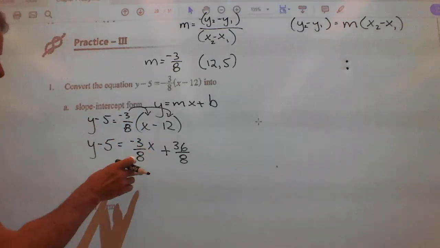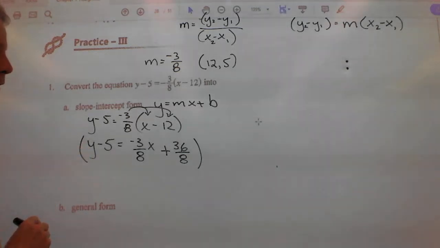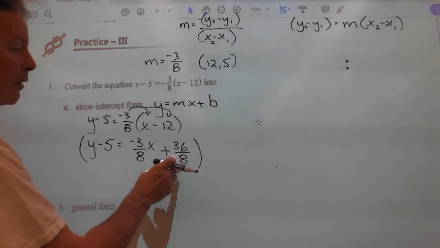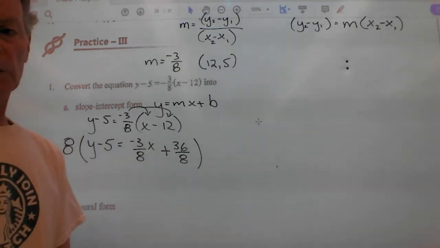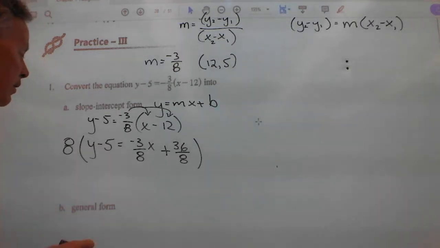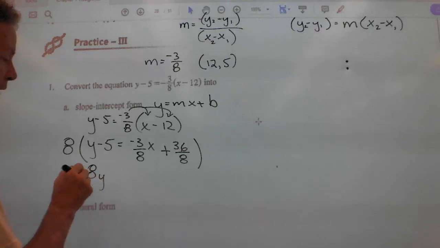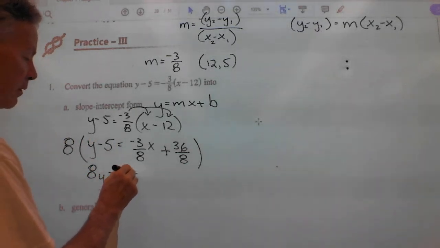So I would suggest at this point that you get rid of the denominators. And remember from previous lessons, to get rid of a denominator, you just multiply through by the least common denominator, which in this case is 8. So we're going to multiply 8 times y. That'll give us 8y. 8 times minus 5 will give us minus 40.